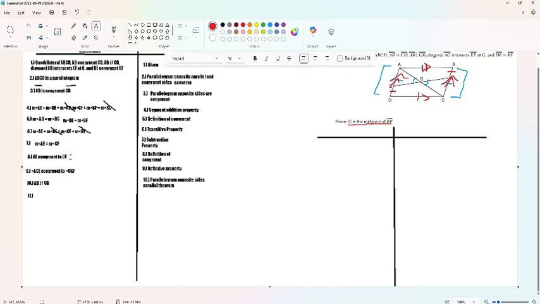Okay, we can now say that angle DAC, that's DAC, right? Yeah, angle DAC is congruent to angle BCA.